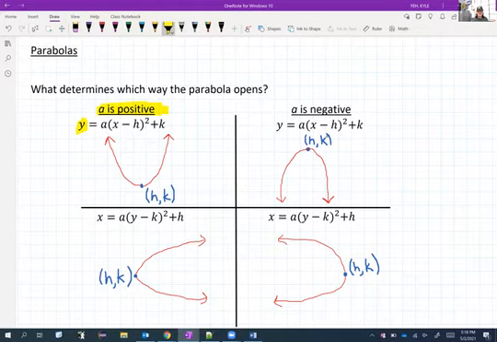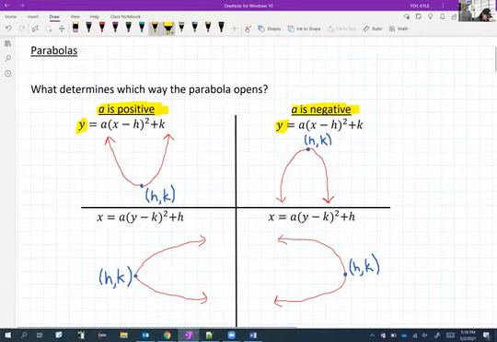We actually saw that equation back in chapter 5, and it's called vertex form. In conic section parlance, that's called standard form. If a is greater than 0, it faces up. If a is less than 0, and y is on the left-hand side by itself, it faces down.